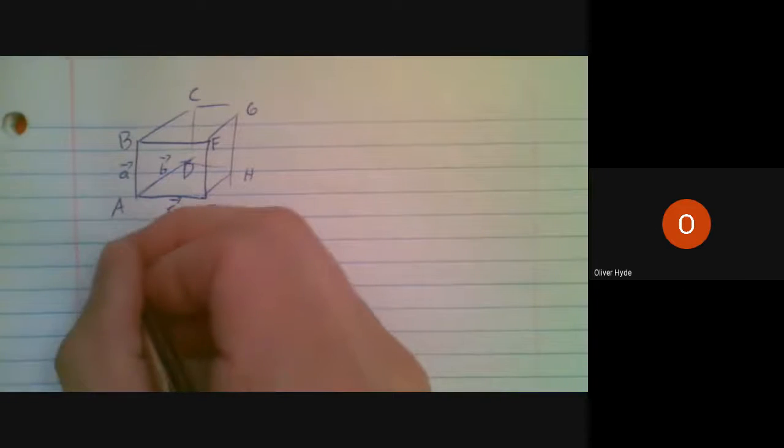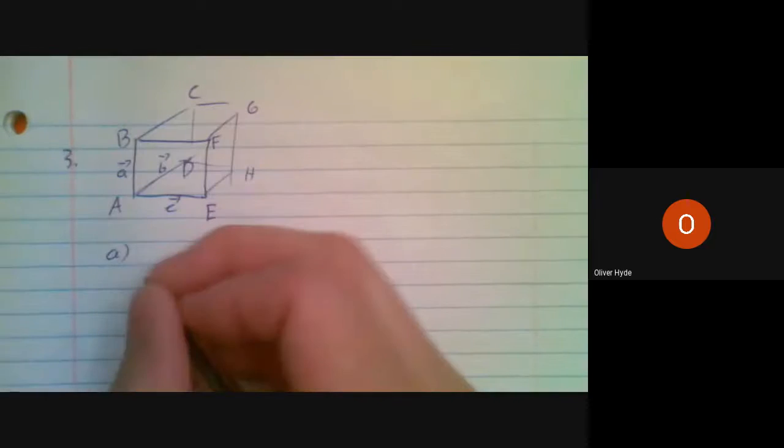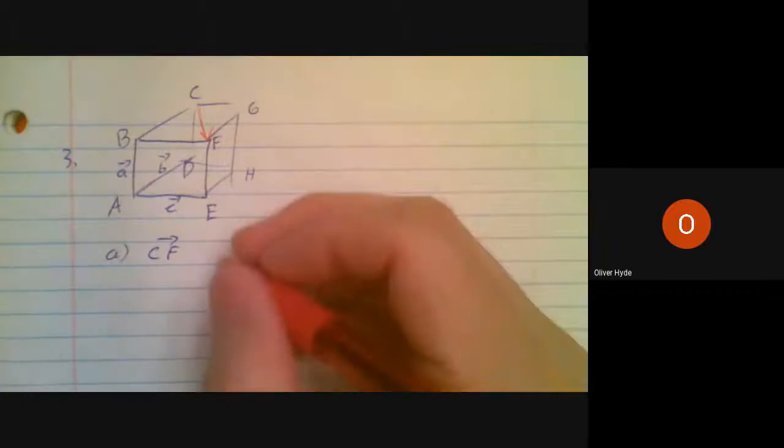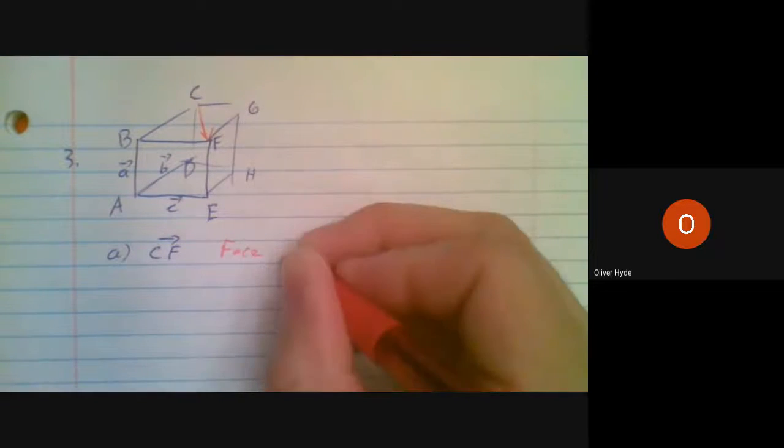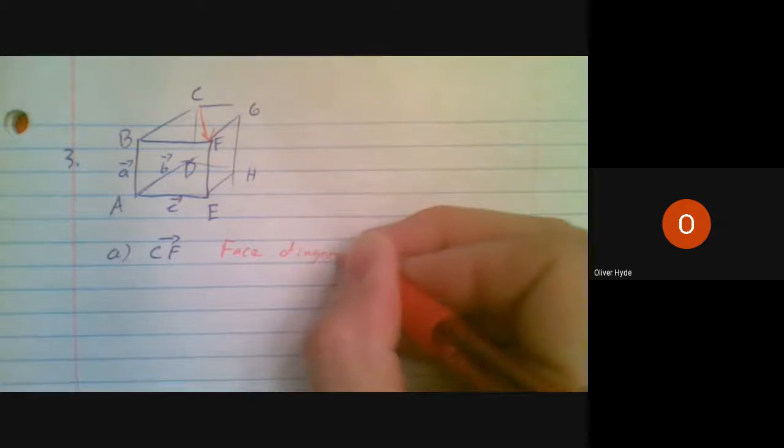The first was the vector CF. So on my diagram, to find the vector CF, I'd like to name the vector CF with you. Notice it is the diagonal of one of the faces. For that reason, we call it a face diagonal. It is one of many face diagonals for this cube.